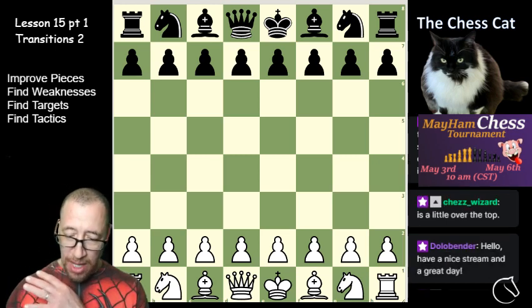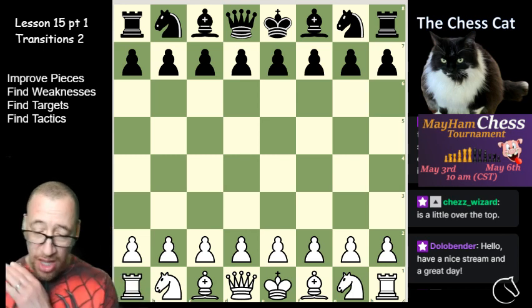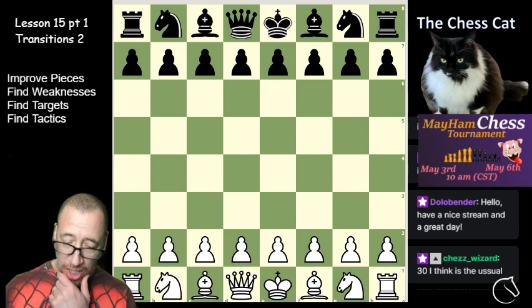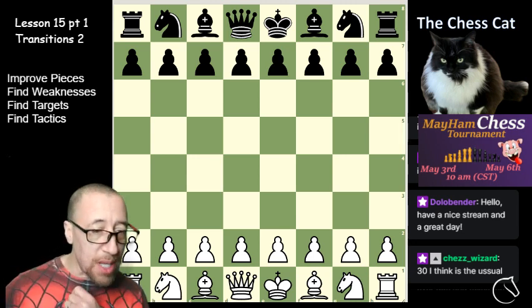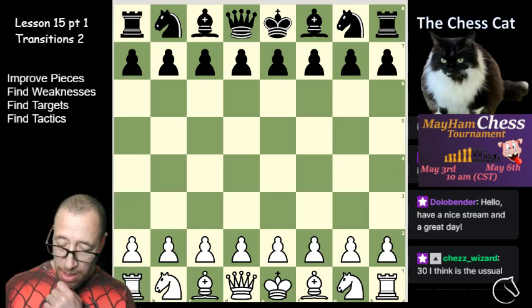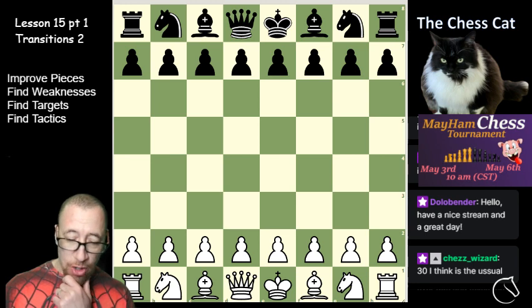It's locked in at FPS 60. I can do advanced overrides, but I'm scared to mess with that at the moment. You think 30 is the usual? Well, what's the usual bit rate?